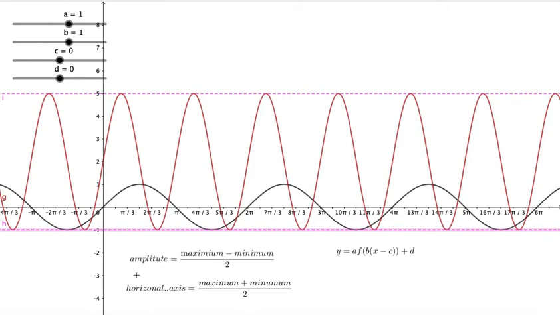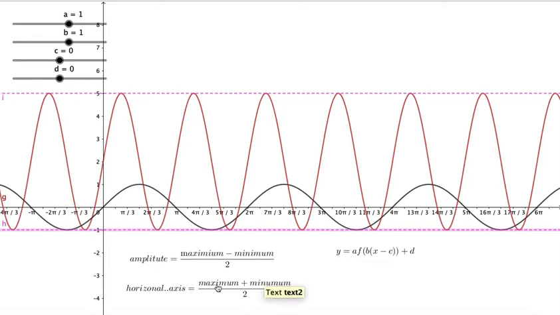So for instance, our amplitude, if we can recognize this equation, our amplitude is 5 minus -1 divided by 2. 5 minus -1 is 6 divided by 2, so our amplitude is 3. So that implies that the A value is 3.